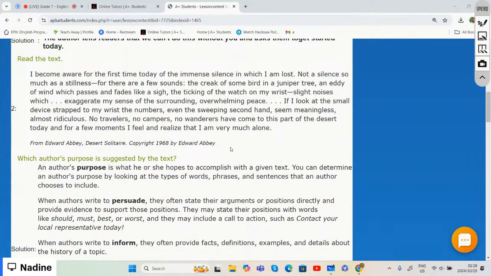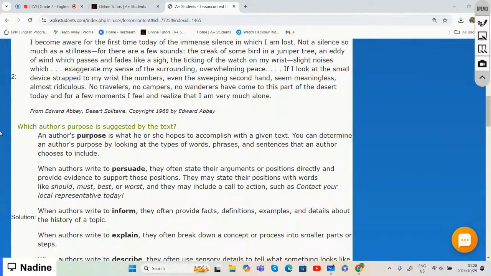If I look at the small device strapped to my wrist, the numbers, even the sweeping second hand, seem meaningless, almost ridiculous. No travelers, no campers, no wanderers have come to this part of the desert. Today, and for a few moments, I feel and realize that I am very much alone.